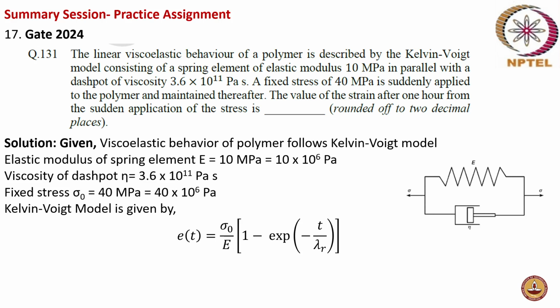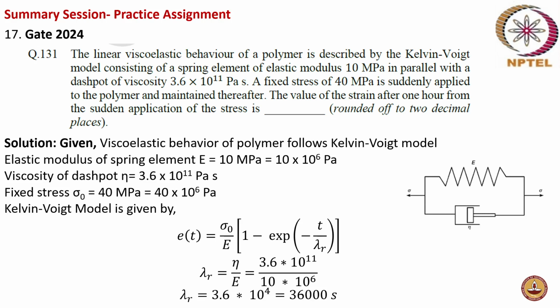So the Kelvin model is given by: your strain at any point of time t is equal to sigma naught by E into 1 minus exponential of minus t by lambda R. Your lambda R is eta by E, so from this you can find lambda R in seconds.